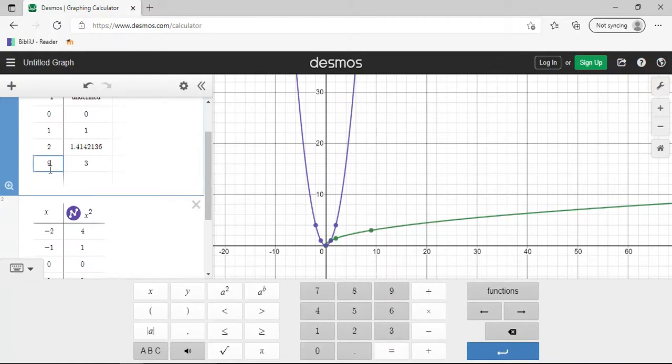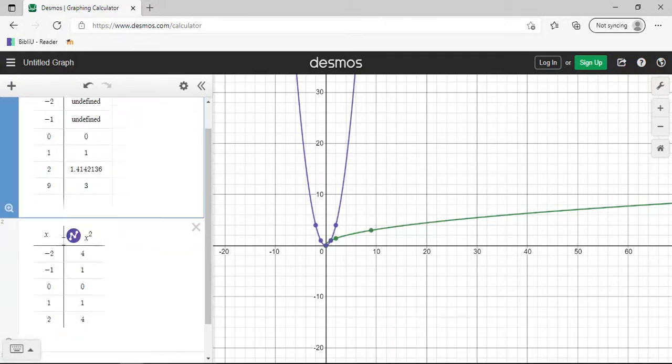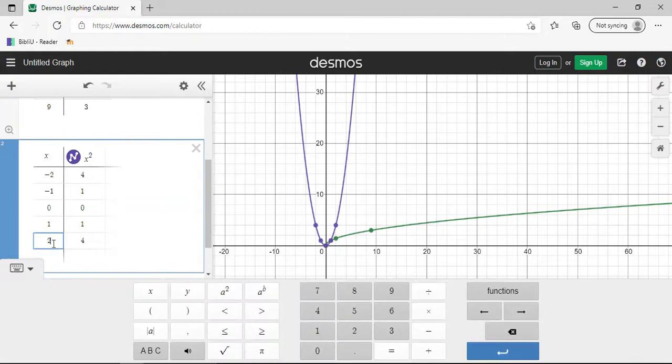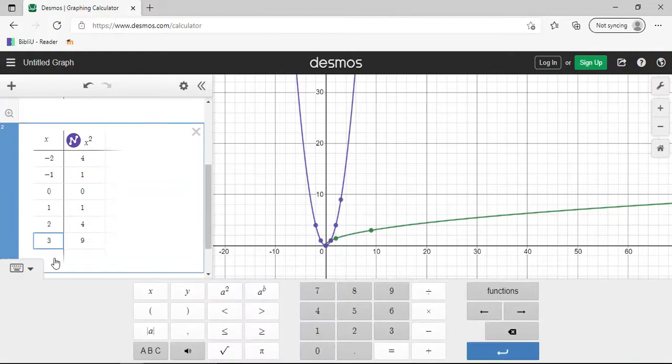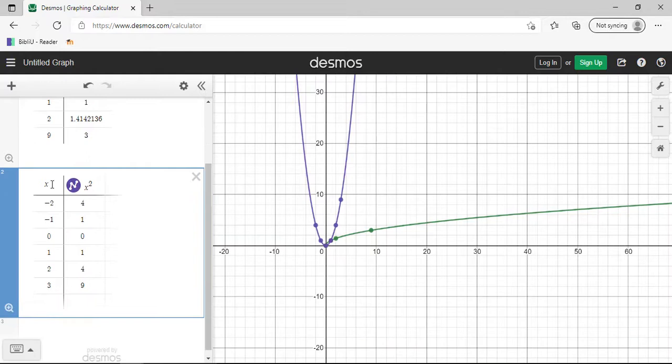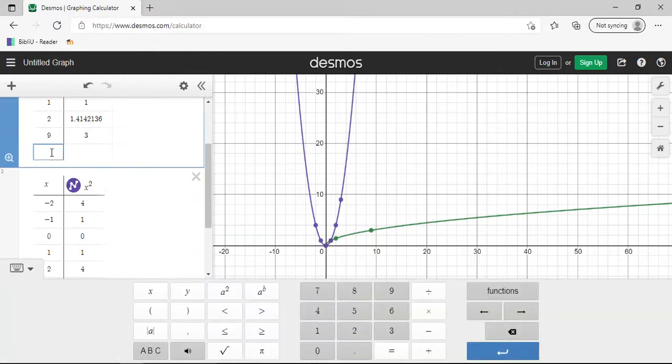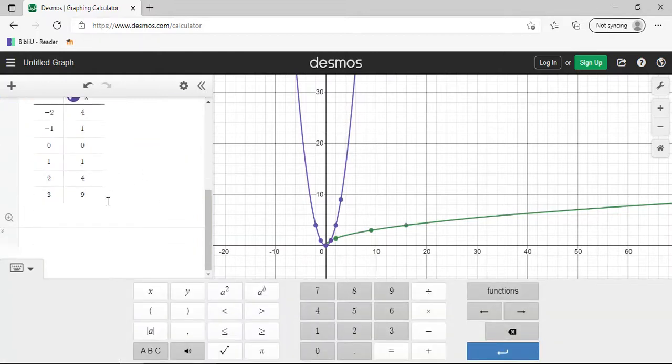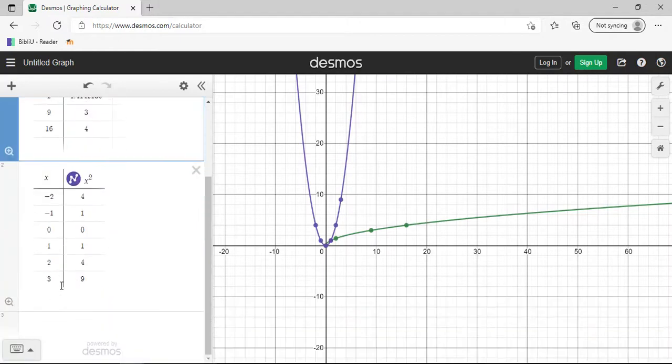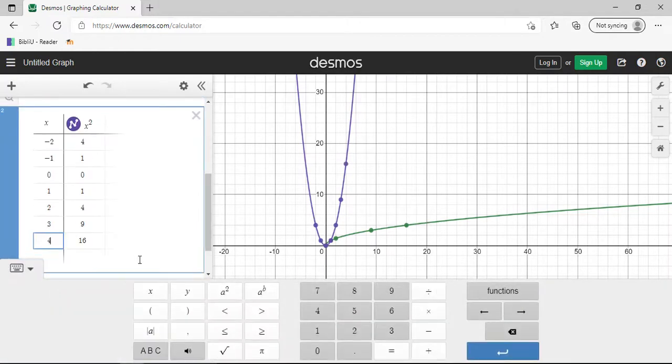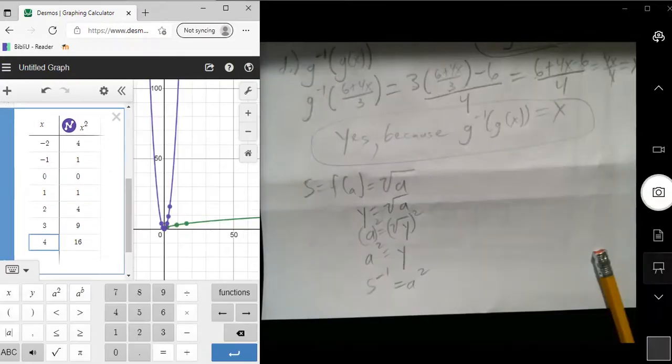Let's put 9. Okay, we had 9, 3. So that means down here it would have to be 3, 9, which it is. We could try one more. Let's try 16, and it's 16, 4. So down here it should be 4, 16, which it is. Okay. So now we prove that this is an inverse function. Now we have to ignore the negative part, like I said.